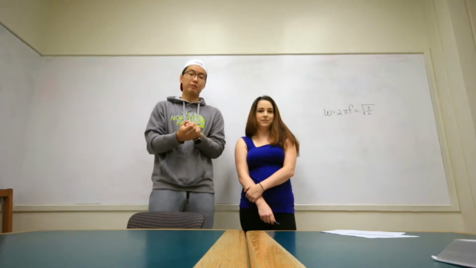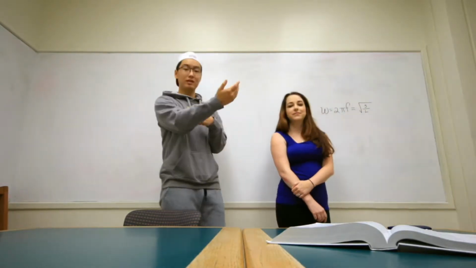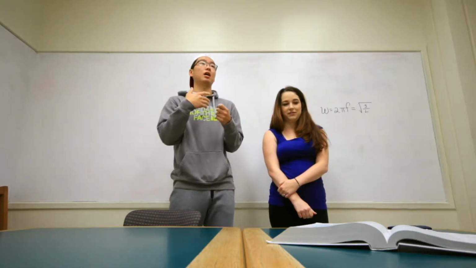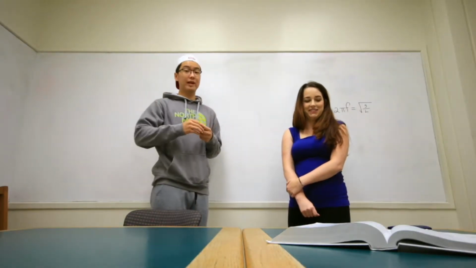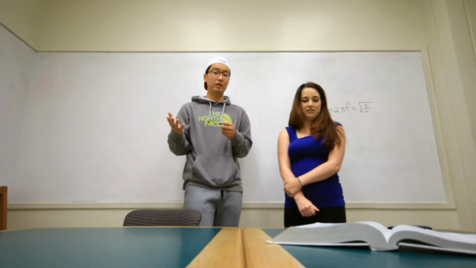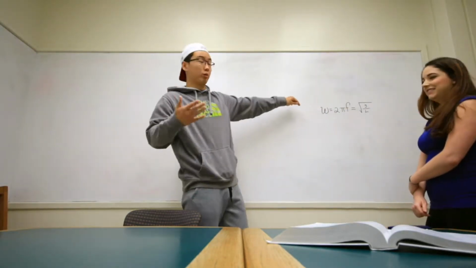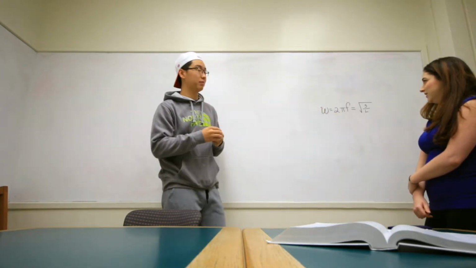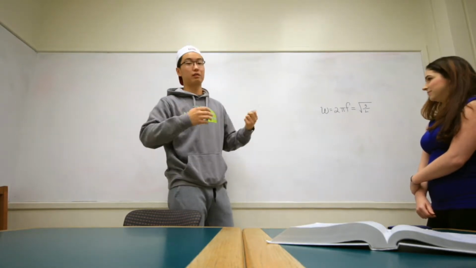There are two other things you have to look out for. The period is the time it takes to complete one cycle of motion, and frequency is how many cycles there are in 1 second. Then there's angular velocity, which we have the formula for right here. Omega is equal to 2 pi f. 2 pi means the circumference of the motion, and f stands for frequency.